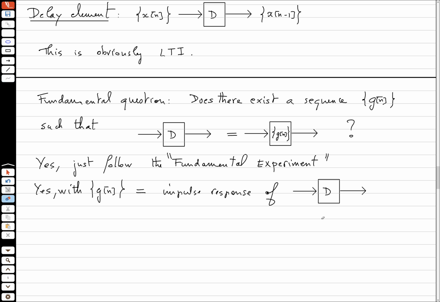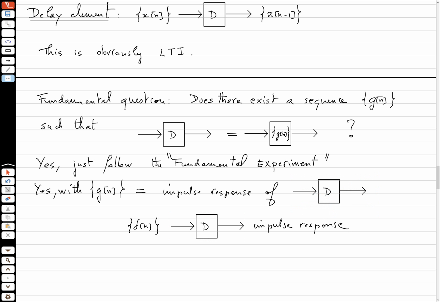So how do you get the impulse response of this? The impulse response is here.